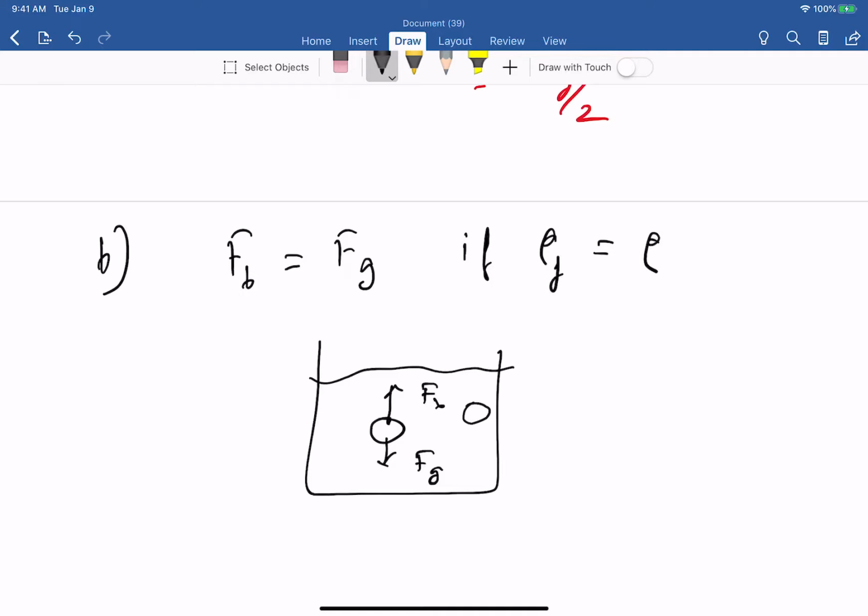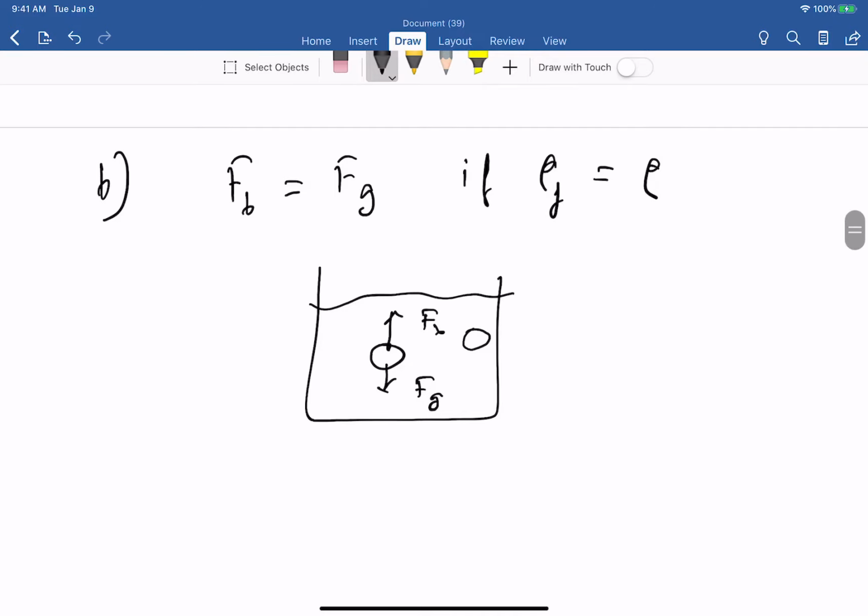All right. Now, this condition, when the buoyant force is equal to the gravitational force, is called the condition of flotation.